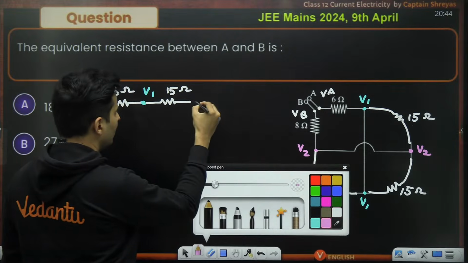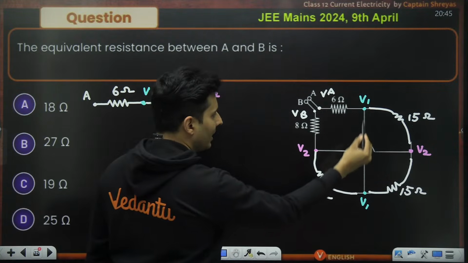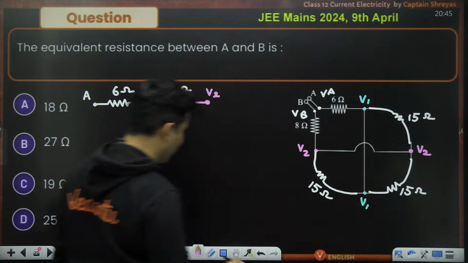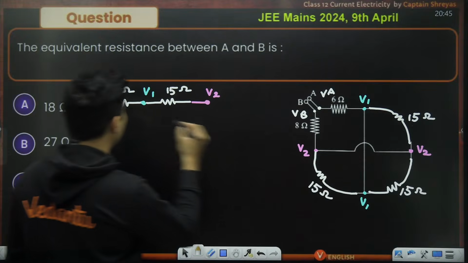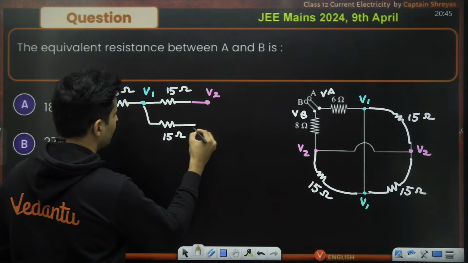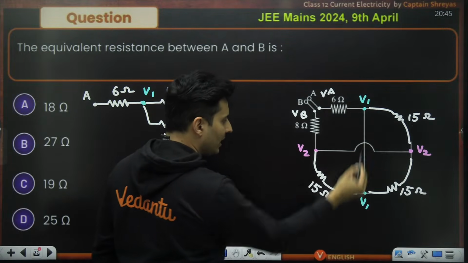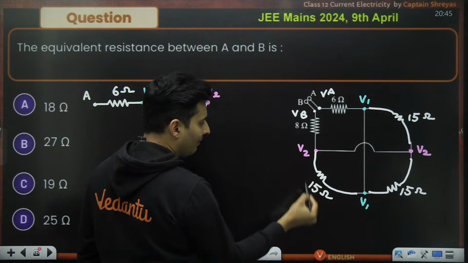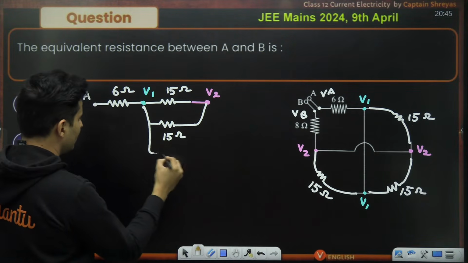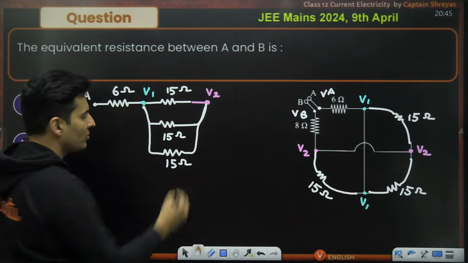Let me mark this particular point as V2, and V1 is again connected via another 15 ohm resistance directly to V2. Also, that same V1 is connected via 15 ohm resistance to V2 again. So there is another resistance maybe like this and it is connected to V2.